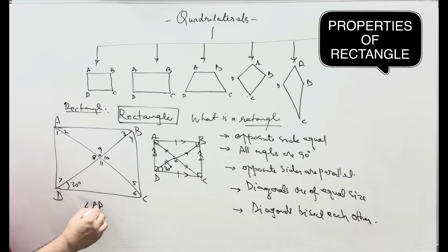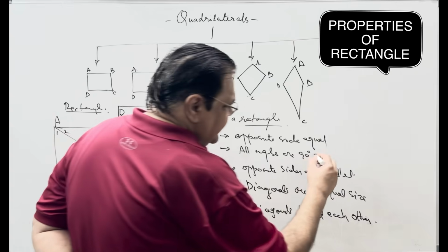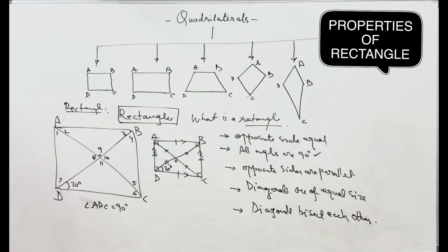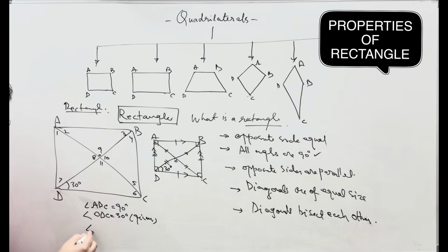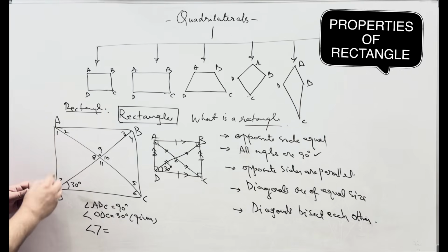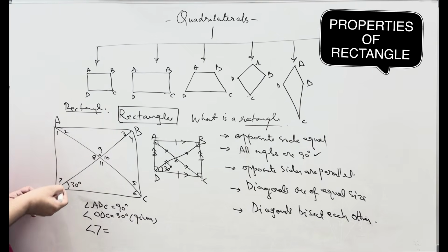Angle ADC is 90 degrees. We'll start from here. It is already 90, all angles are 90. So angle ADC is 90 and angle ODC is given. So angle 7 is equal to angle ADC minus angle ODC.